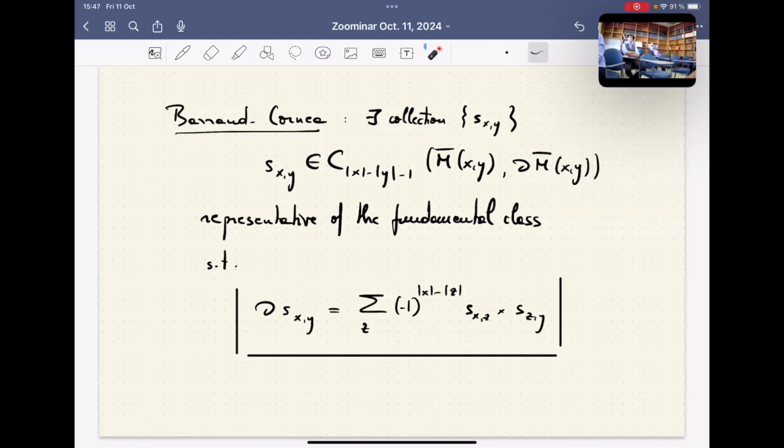Coherent system means that, of course, I can pick for each specific moduli space a representative of its fundamental class, but we pick them inductively so that the previous equation, which describes the boundary of the compactified moduli spaces in terms of products of such, turns into an algebraic relation, meaning that the boundary of each such representative is expressed as a product of the previous ones with the same sign.